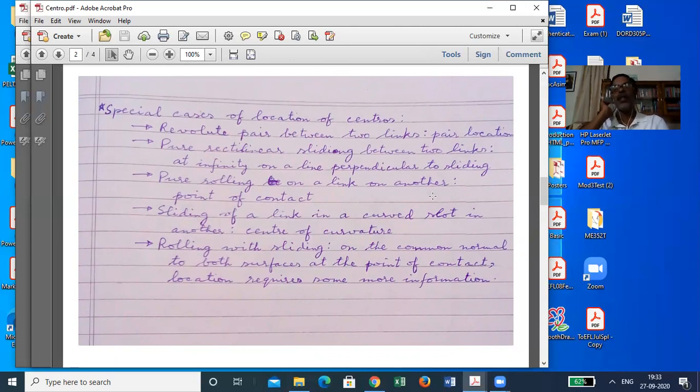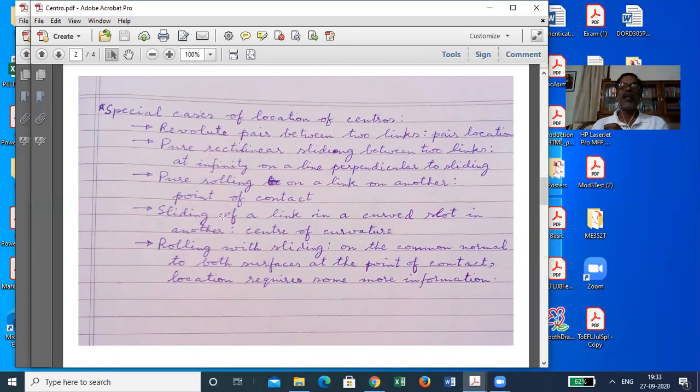So there is no relative sliding, no relative linear motion at the point of contact. And whatever is the relative motion between the two links, that can be considered as a pure rotation about that point for the time being, for this instant. So that is the point of contact.